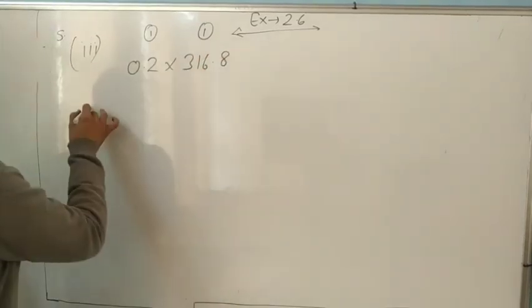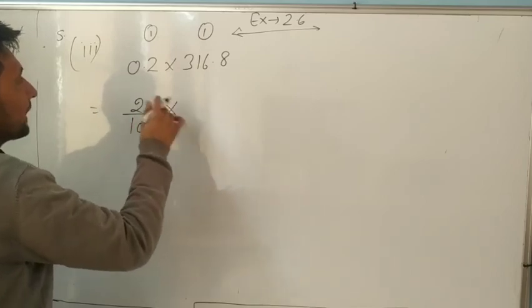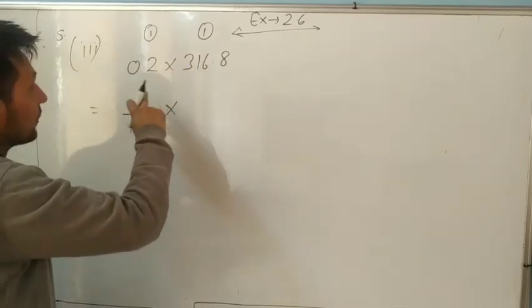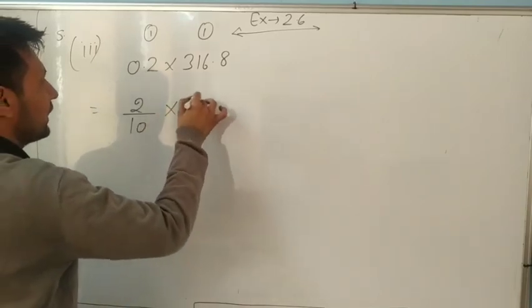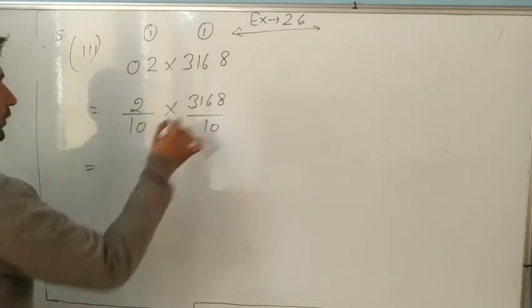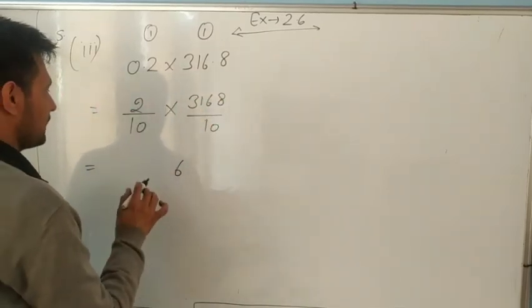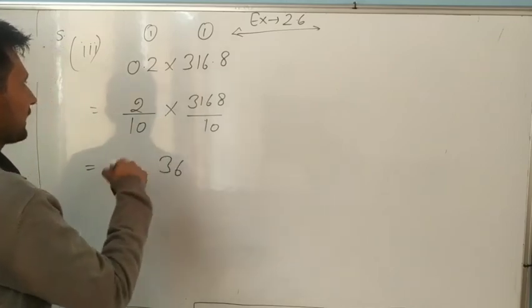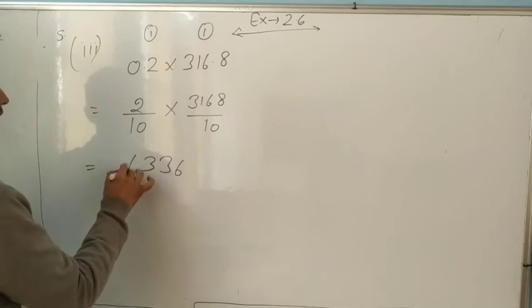So you can write it, otherwise you can do 2 multiplied by 3168, first removing the decimal. 2 divided by 10, and 3168 divided by 10. 2 into 8, 16. 2 into 6, 12. 1 was carry, so it is 13. 1 again carried. 2 into 1, 2 plus 1, 3. 2 into 3, 6.